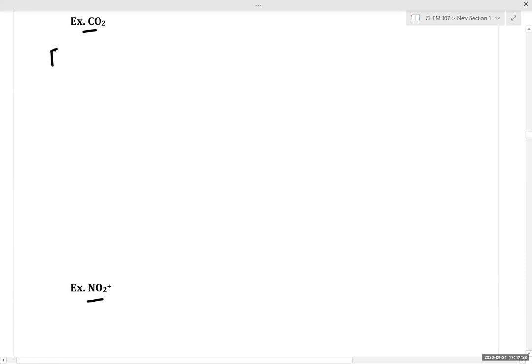And just as a confirmation and a check to make sure that everyone's comfortable with their proposed Lewis structures, you can message in the chat the proposed formal charge of carbon in carbon dioxide and the formal charge of nitrogen in the following nitrogen dioxide cation.